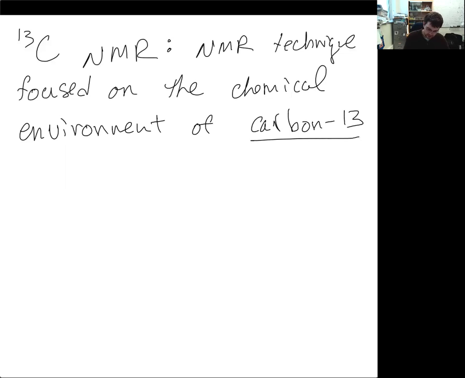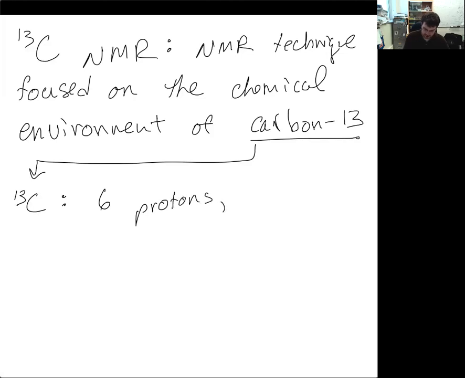Now, carbon 13, written as C13, has 6 protons, because all carbon atoms have 6 protons, and 7 neutrons.